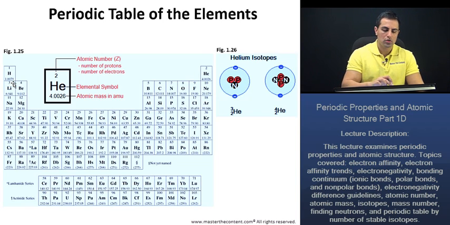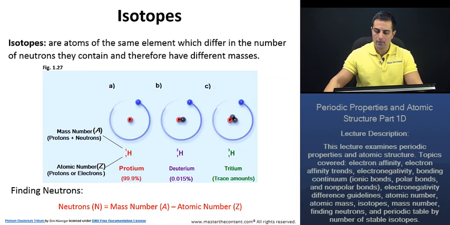Now, one other point that we should note about isotopes is that the chemical properties for our elements are almost exclusively dependent on the protons and the electrons present. Thus, the neutrons have very, very little effect on the chemical properties, if any, as you see here.